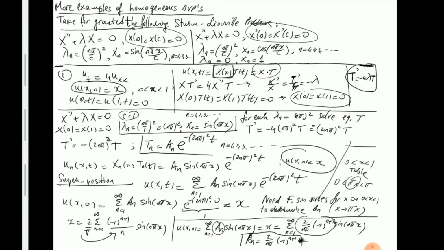Okay, so at this point you can stop, although technically, to provide the solution for the full problem, you have to bring back the a_n that you just found all the way back to u of x,t. This is your solution.